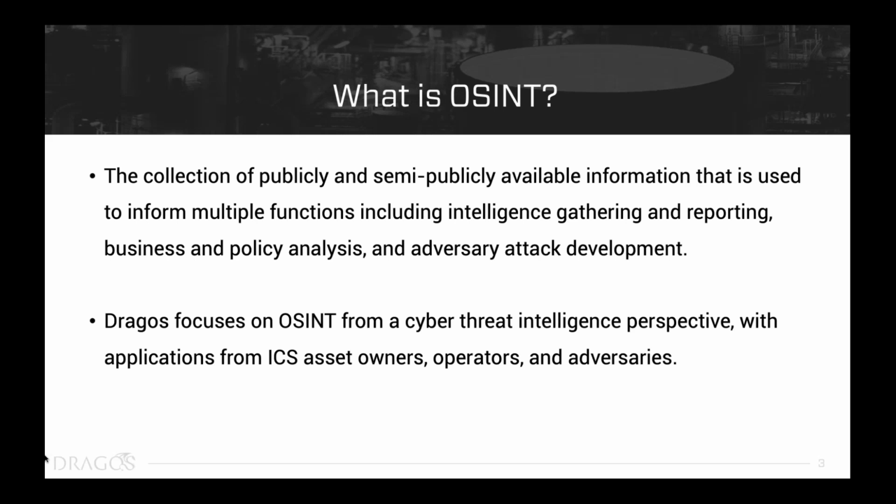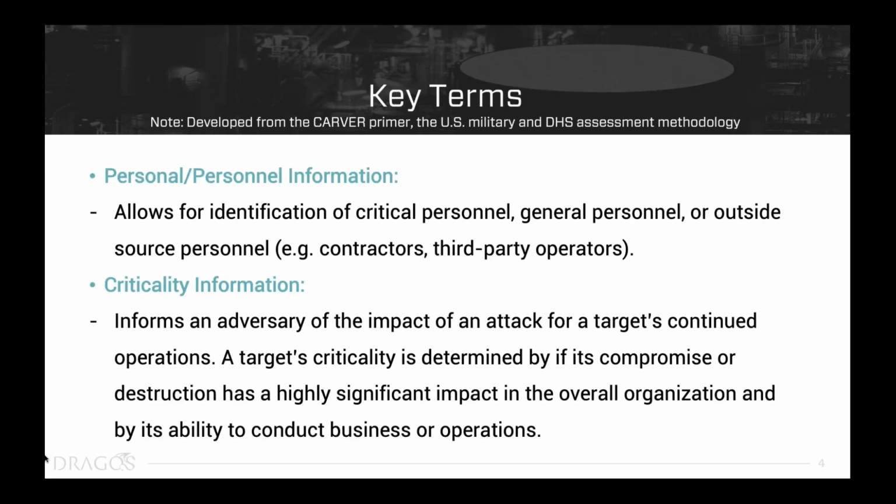So Dragos focuses on open source intelligence from a cyber threat intelligence perspective, with applications for ICS asset owners, operators, and adversaries. I wanted to talk about some key terms to think about as we go through the presentation. These terms were developed from the Carver Primer, which is a US military and DHS assessment methodology. Carver is used throughout a number of different government organizations as well, so you might be familiar with it.